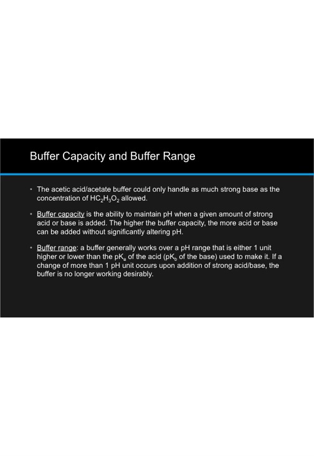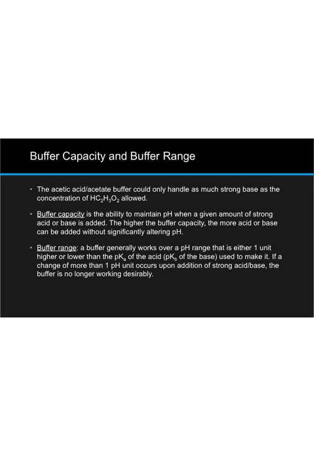So that leads us to the definition of buffer capacity and buffer range. What we saw in the previous example was that our acetic acid and acetate buffer could only withstand the addition of as much strong base as the concentration of acetic acid allowed.